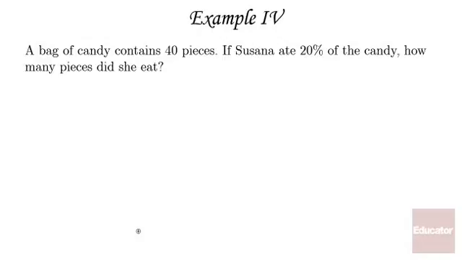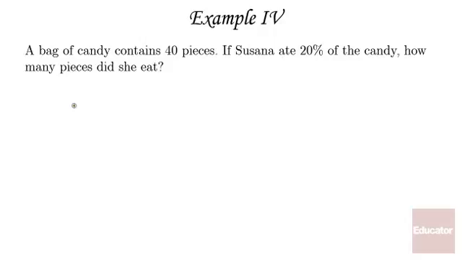And the final example: a bag of candy contains 40 pieces. If Susanna ate 20% of the candy, or everything in the bag of candy, how many pieces did she eat? So a whole bag contains 40 pieces. She ate 20% of it.